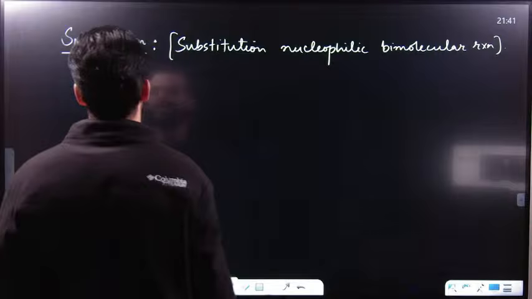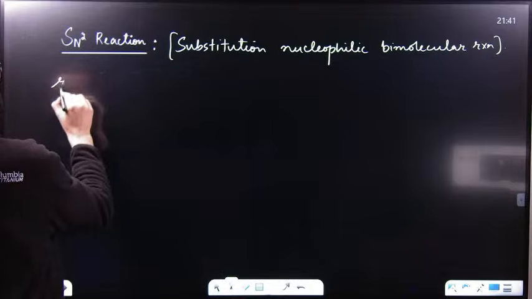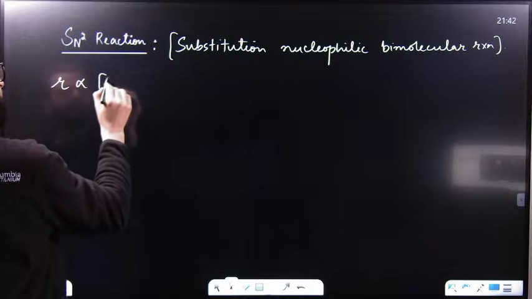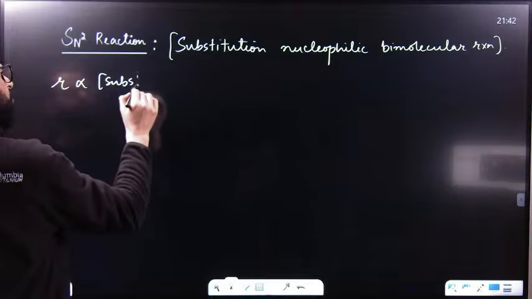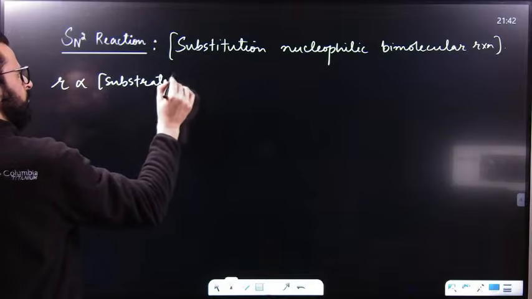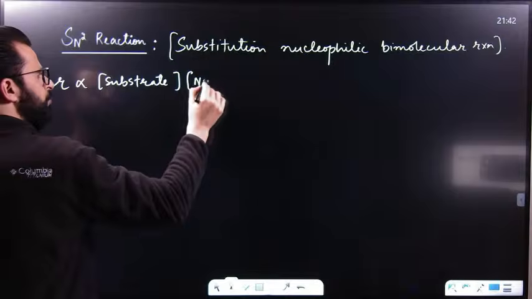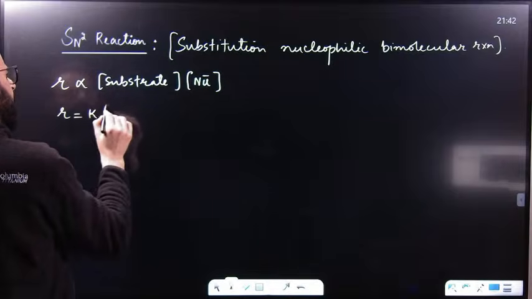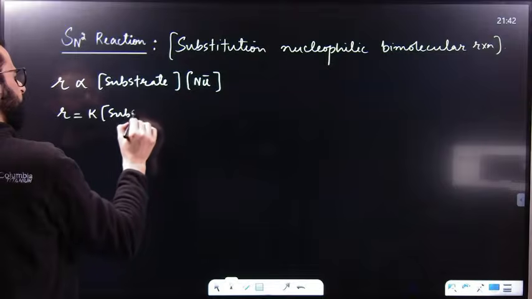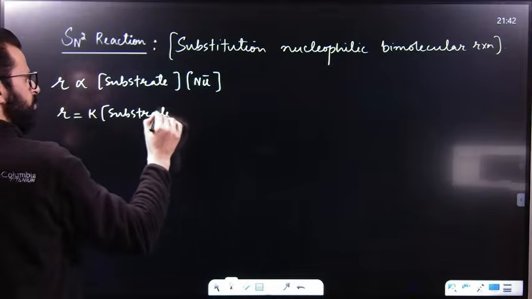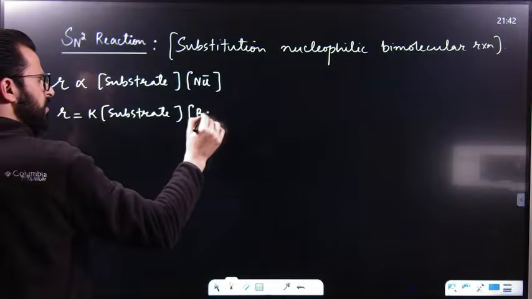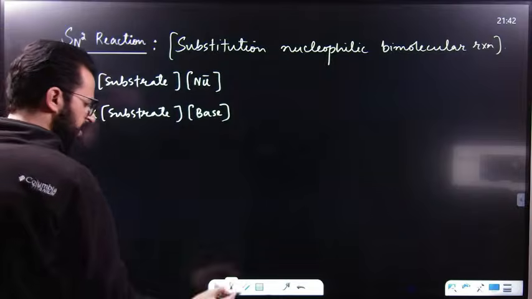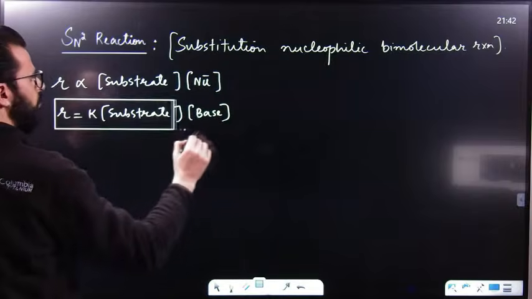What is meant by this? It is a reaction for which the rate is directly proportional to the molar concentration of the substrate and the molar concentration of the nucleophile. So rate equals K into the molar concentration of substrate and the molar concentration of base. This K is the rate constant, so this becomes our rate law equation.